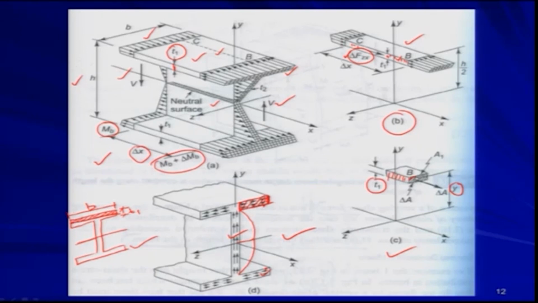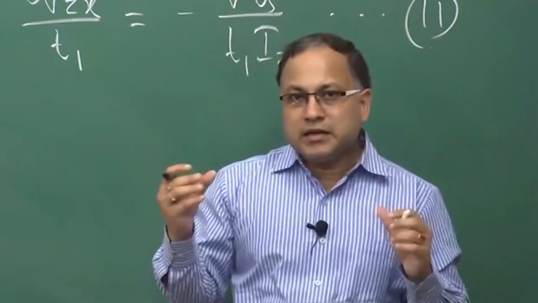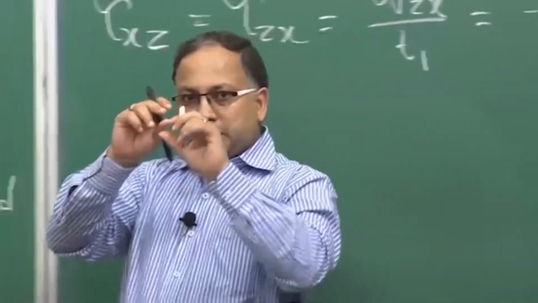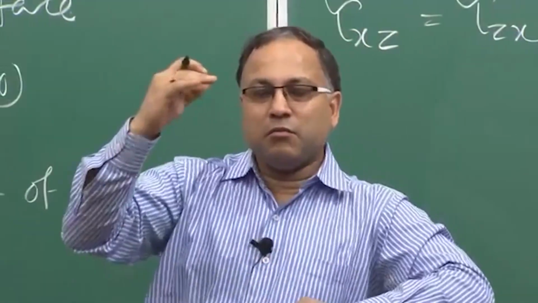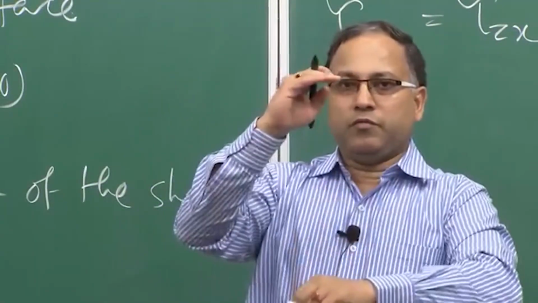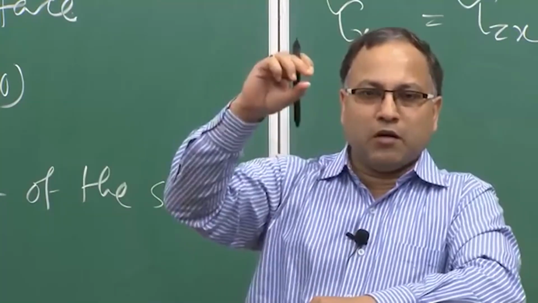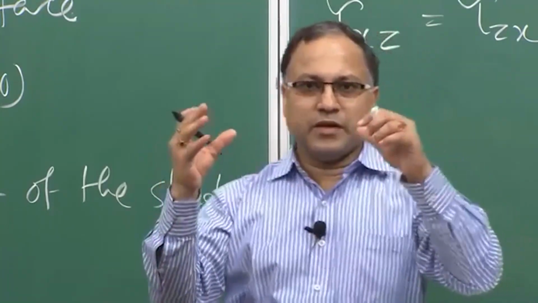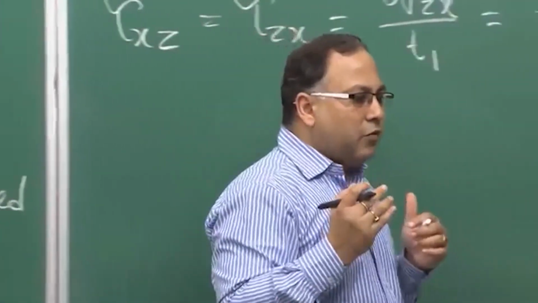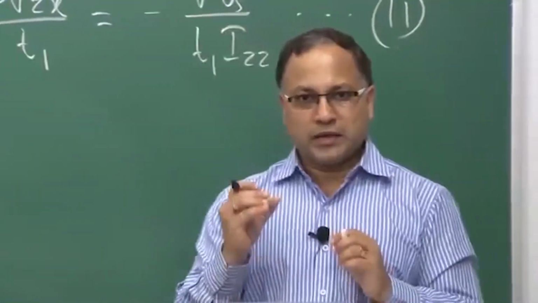Now, if you try to find out the tau xy value in your flange, this is the shaded area which will be participating in the calculation of q, the first moment. That area will be very negligible, because it is B into T1 or maybe less than T1. So, tau xy will come out very, very small compared to tau xz.